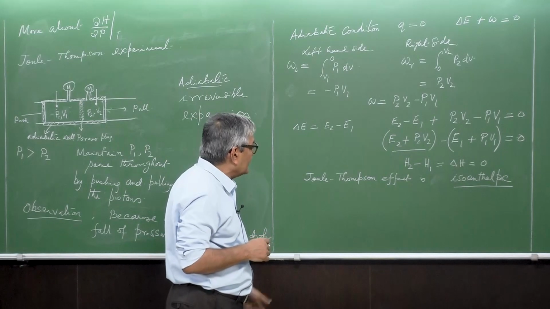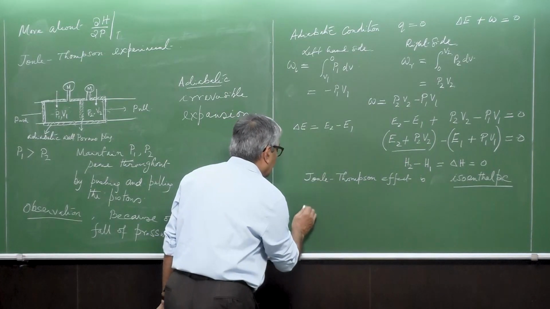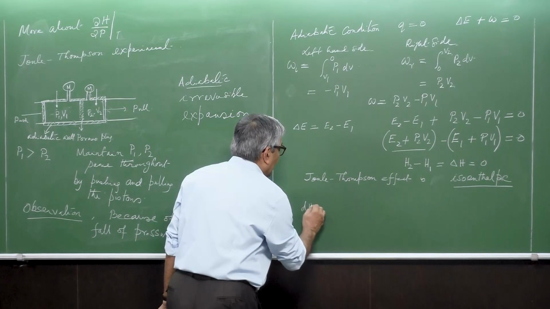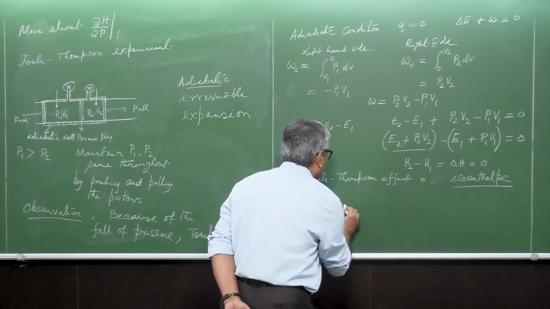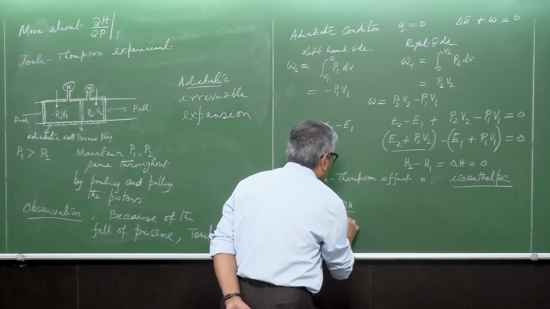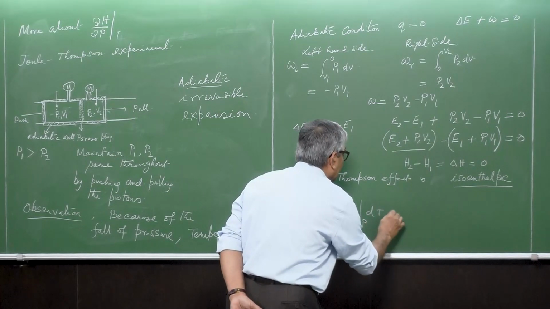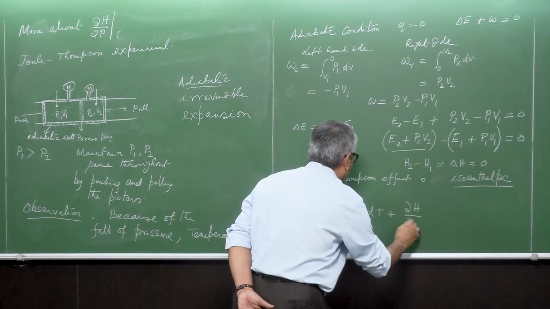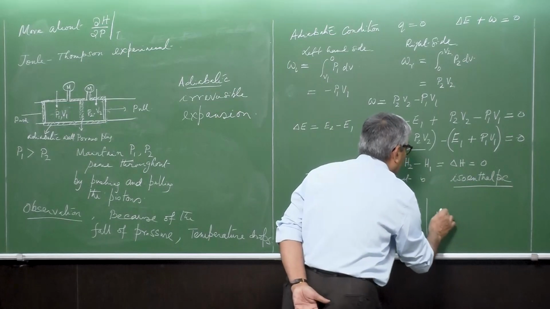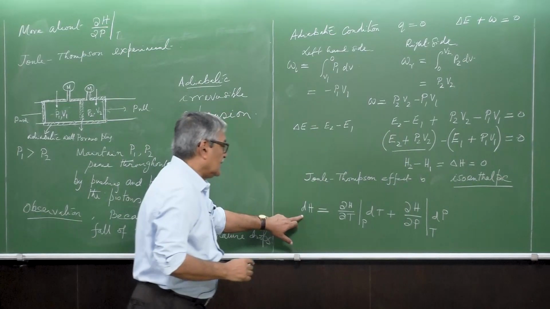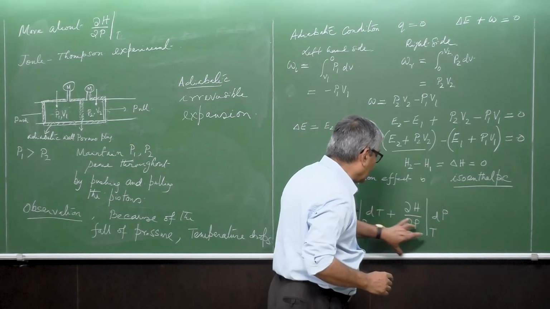And to understand this, we come back to the original equation, that H is a function of temperature and pressure. So dH is del H del T at constant pressure times dT plus del H del P at constant temperature times dP.